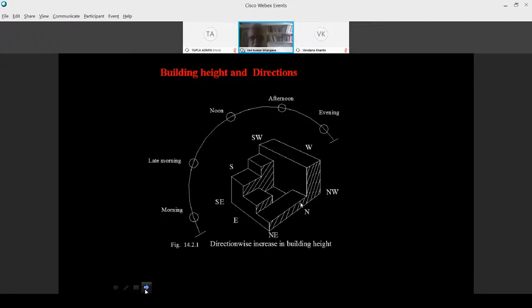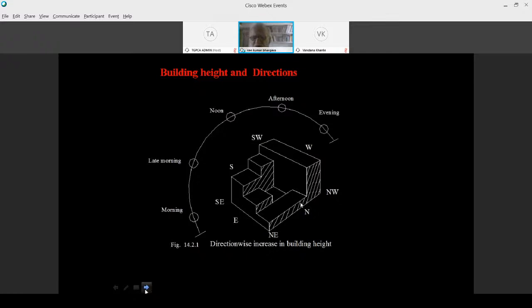So, friends, as I told, maximum protection is needed from the west, as the position of the sun during extreme summer will be toward the west. So you can make out the maximum height of that part of the building which is towards the west. The extreme western part of the building will have maximum height.